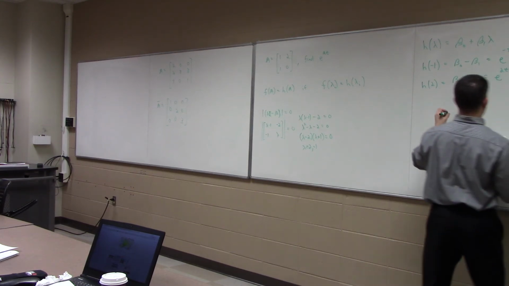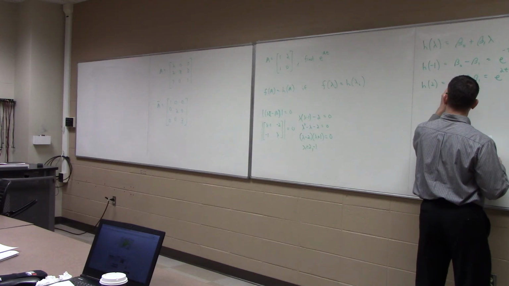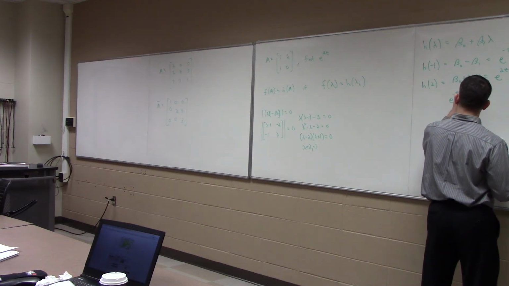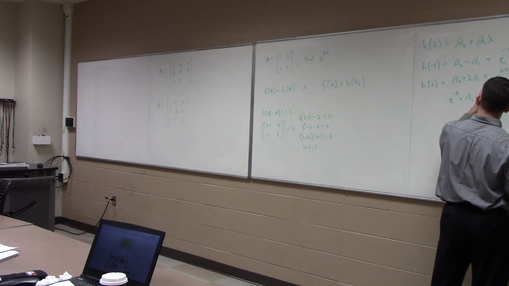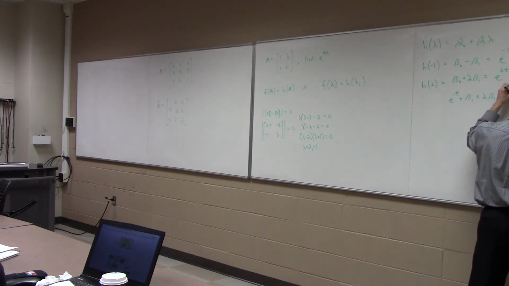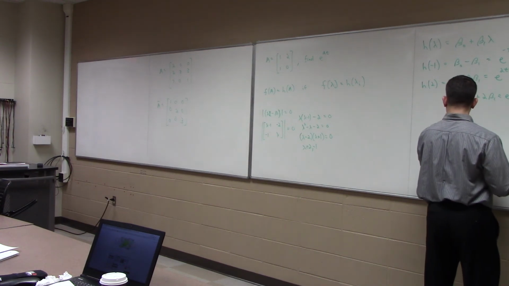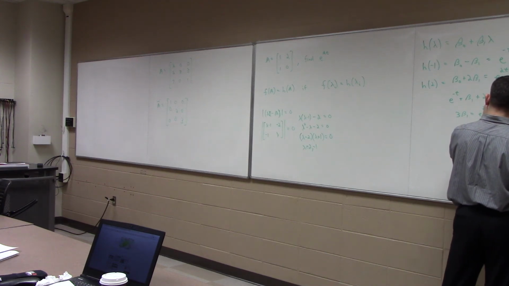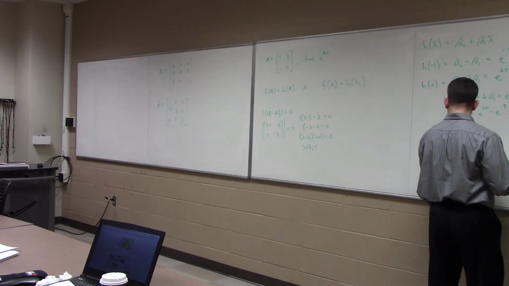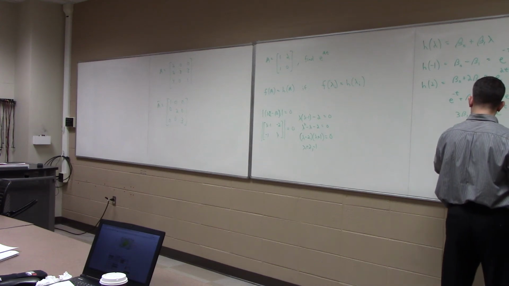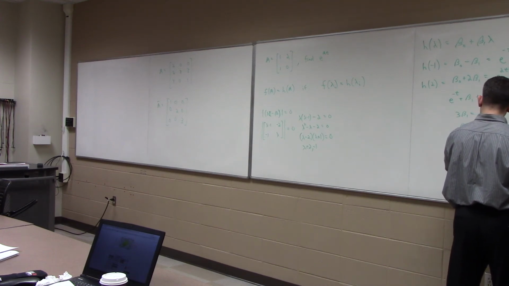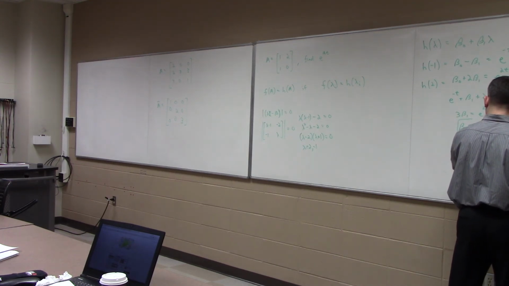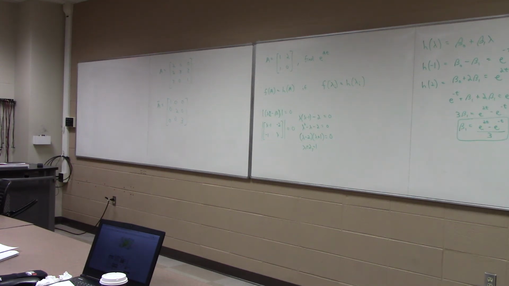Solve for beta 0, then I've got e to the -t plus beta 1 plus 2 beta 1 equals e to the 2t. Okay, so I found beta 1. I can solve then for beta 0.